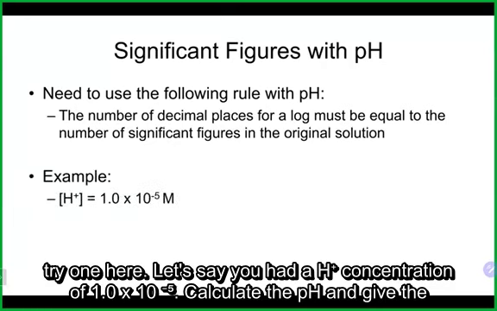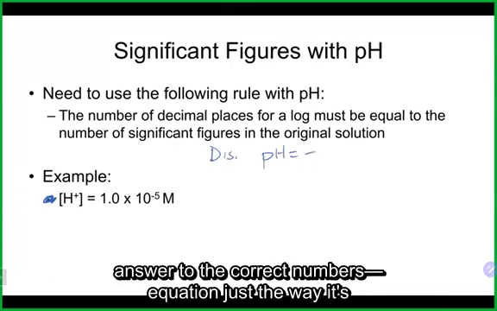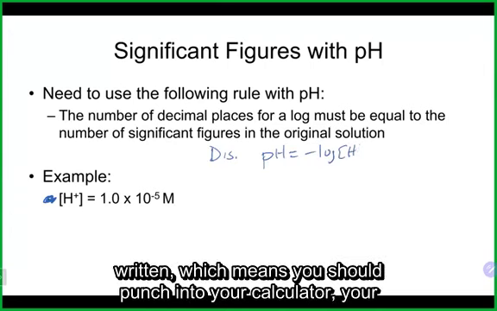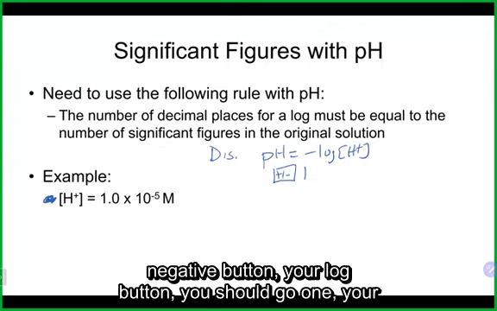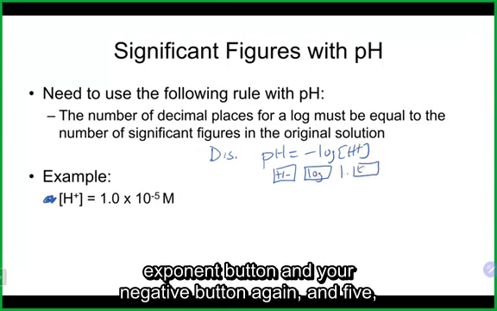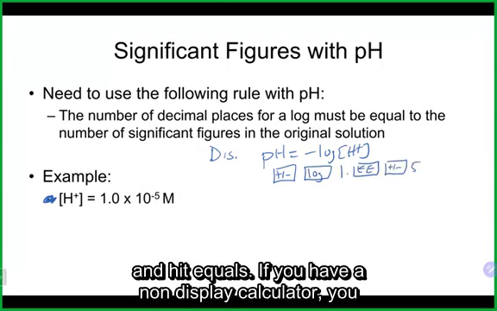Let's say you had an H plus concentration of 1 times 10 to the minus 5. Calculate the pH and give the answer to the correct number of significant figures. Use the equation just the way it's written, which means you should punch into your calculator your negative button, your log button. You should go 1, your exponent button, and your negative button again, and 5, and hit equals.